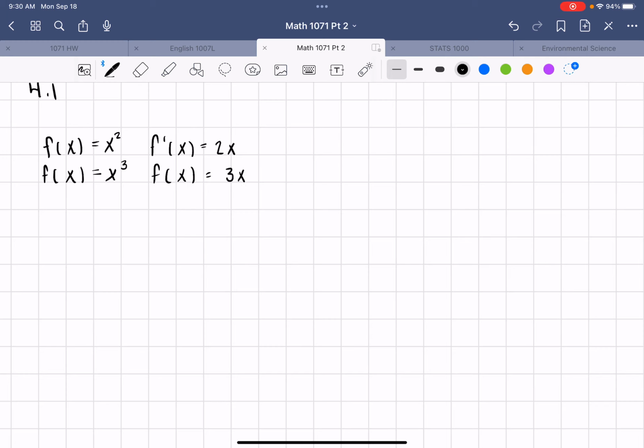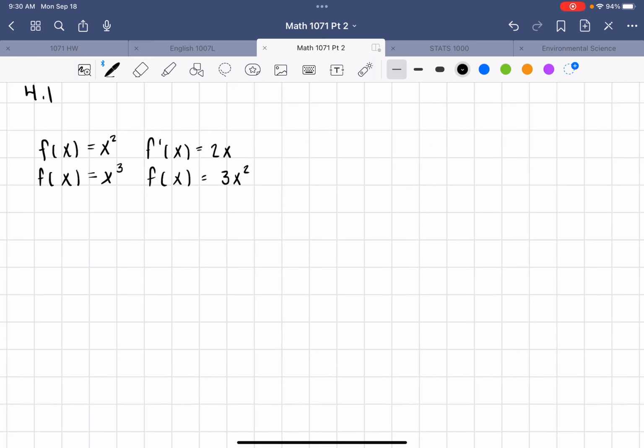Root x. And let me remind you that if you wrote root x in power form, it'd be x to the 1/2 power. Remember, fractional powers mean roots. So x to the 1/2 is root x. And we just saw that the derivative was 1/2 root x.